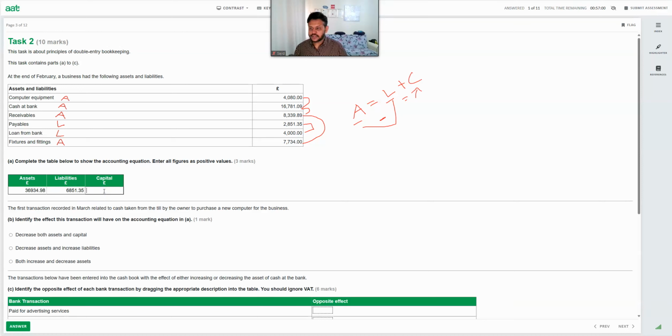And the difference between these two, 36,934.98 minus 6,851.35, the difference between asset and the liability, is the capital. That is 30,083.63.